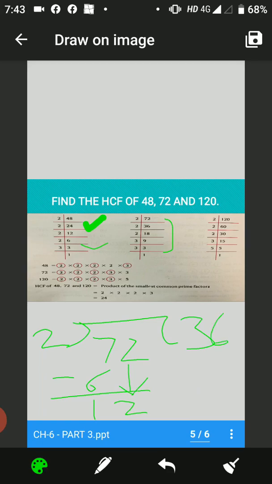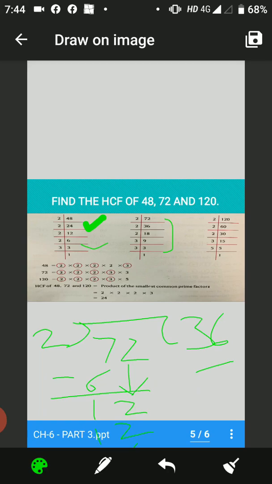Yes, 6. Now the remainder comes 0. Because whenever we find the factors, we always see that the number is a factor which has the remainder 0. So here the remainder is coming 0. So 36 is the factor. So in the 2 table, 2 36s are 72. So 36 will come here.